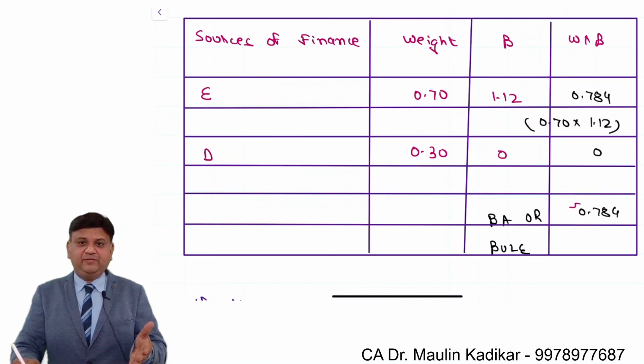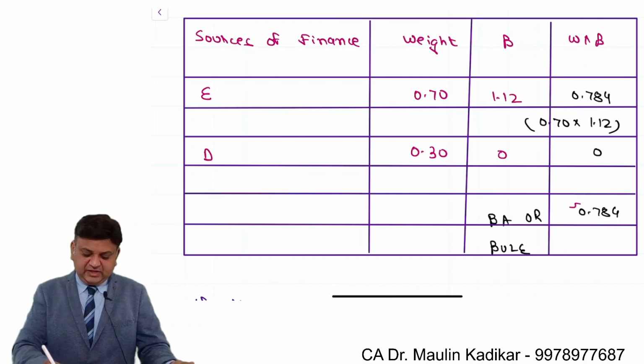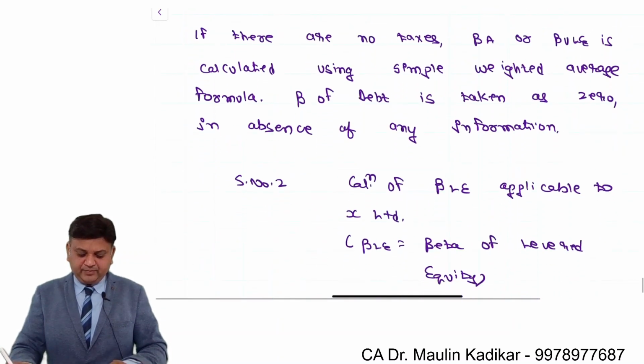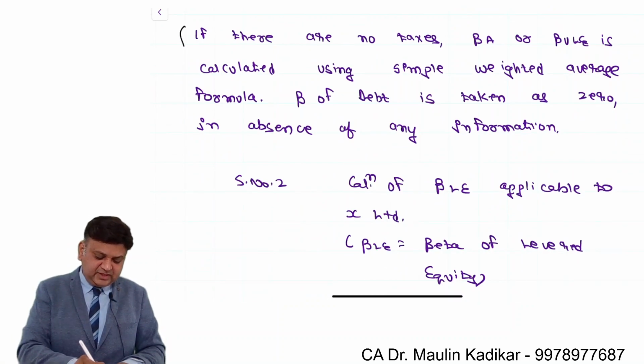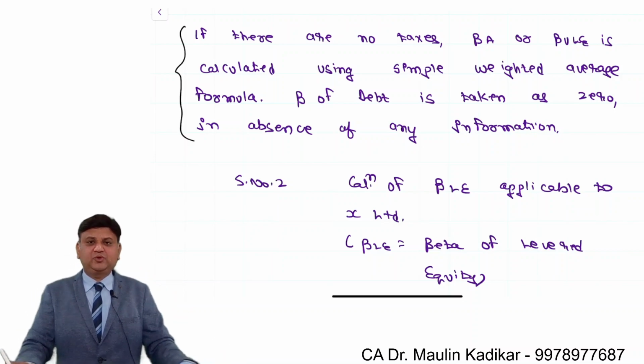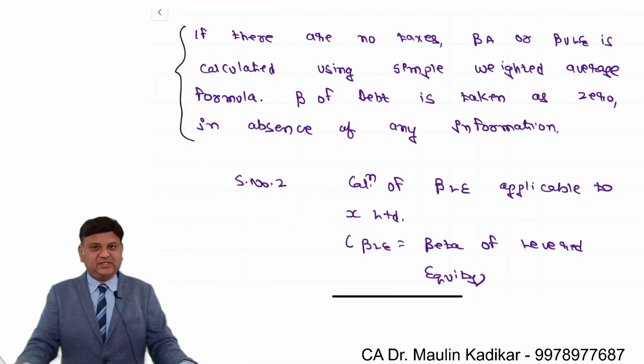There are two sources from which the funds have been raised by the proxy firm. For 70% of the equity, the beta is 1.12. So overall beta of the asset is 0.784. Dear students, importantly, when there are no taxes, the beta of the asset is simple weighted average. If tax is there, in that case, what is supposed to be done? That we are going to discuss later on.